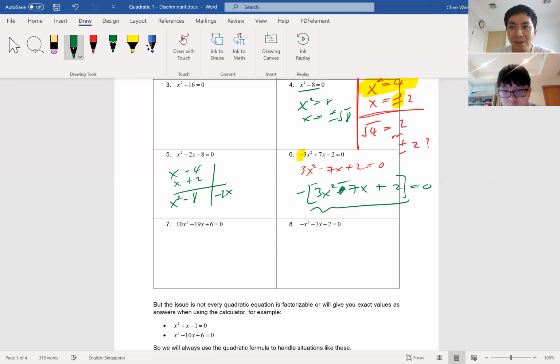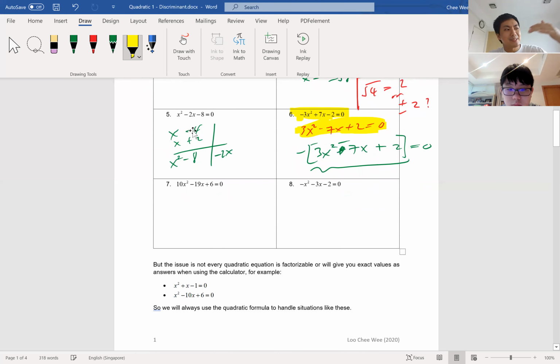You're just rewriting it in a way that makes it easier to factorize because of a positive leading coefficient of 3. But the step in red isn't wrong, of course. The step in red just says that the solution to the red equation is the same solution to the original equation. Multiplying by minus does not change the solutions. All right?